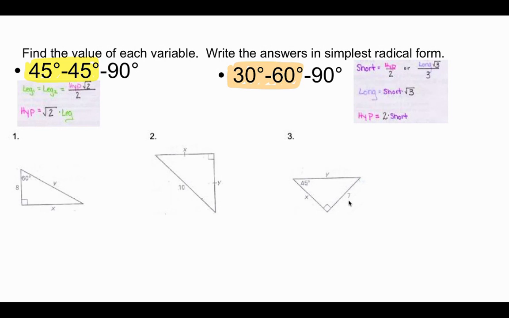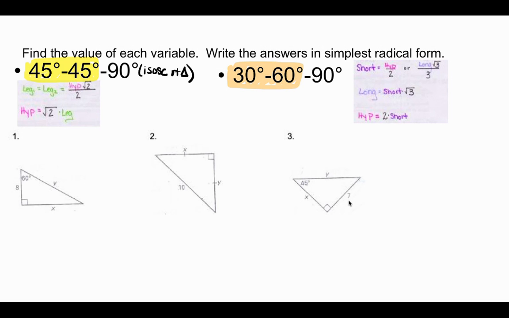Keep in mind that 45, 45s happen to be the isosceles right triangle. Once we figure out which of our triangles it is, we're going to label which sides we have, and then we're going to calculate for the ones that are missing.